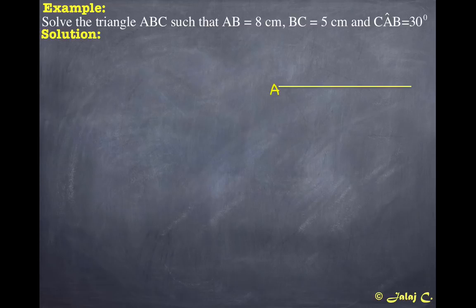Best practice is to draw a rough triangle to see if there is any ambiguity. The rough triangle suggests there is an ambiguity because two sides are given and one acute angle is given, that is a non-included acute angle, and the side opposite to the acute angle is smaller than the other given side.